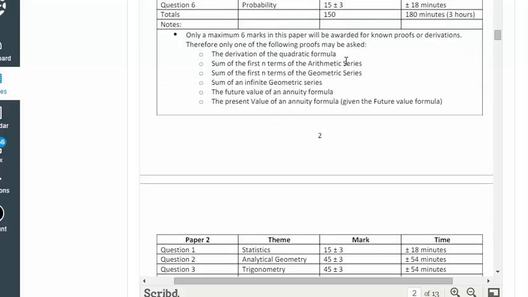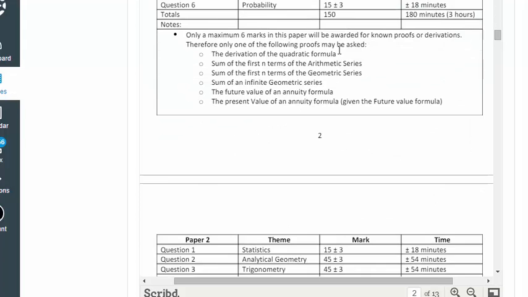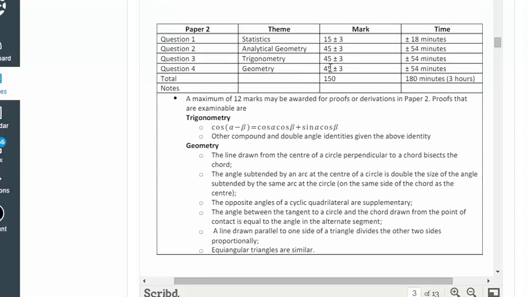Okay, the most marks go towards geometry, trig, and analytical geometry. So it's a very big topic, a very important topic, and yet it's difficult.